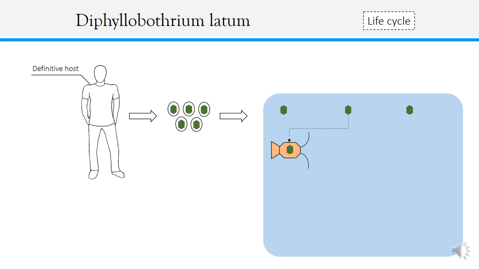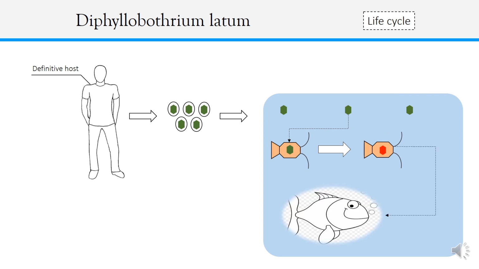And then inside this cyclop, the parasite will be transformed into another intermediate form called procercoid. And then this tiny cyclop carrying procercoid will be eaten by fish.